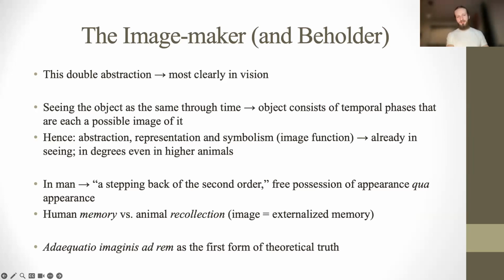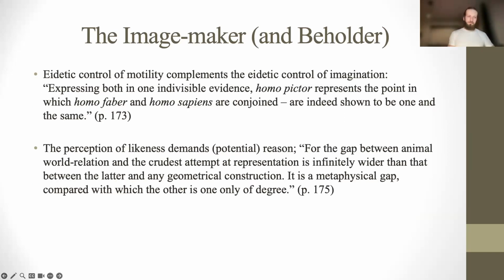So the adequatio imaginis ad rem, the adequation of the image to the thing, is the root of the adequation of the intellect to the thing, which is, of course, the classical definition of truth. And this is something that we will return to in the appendix very soon.